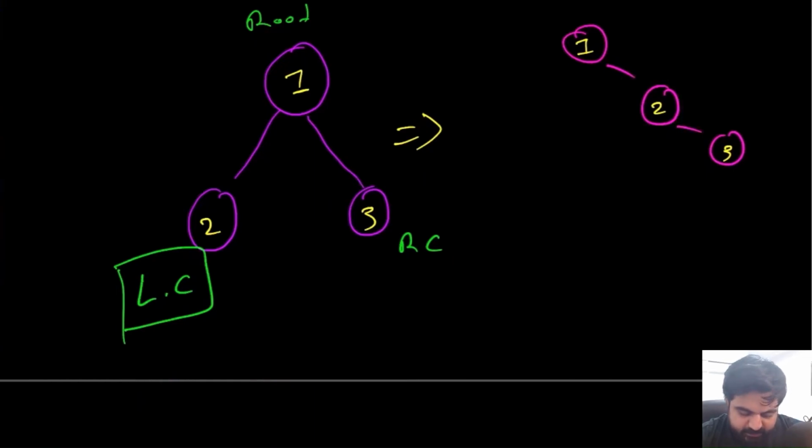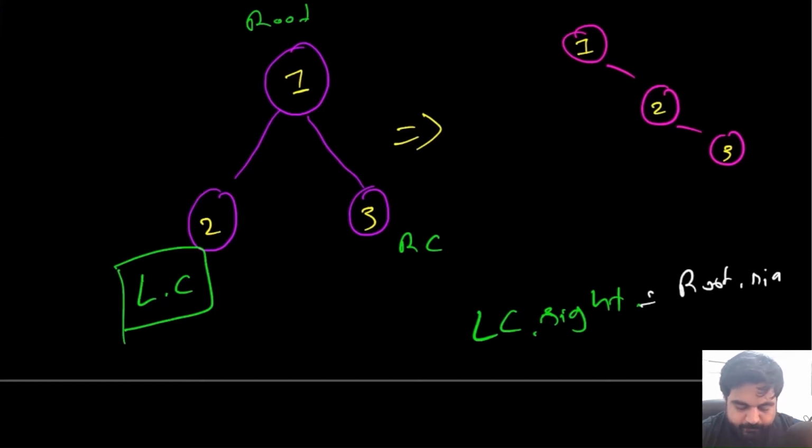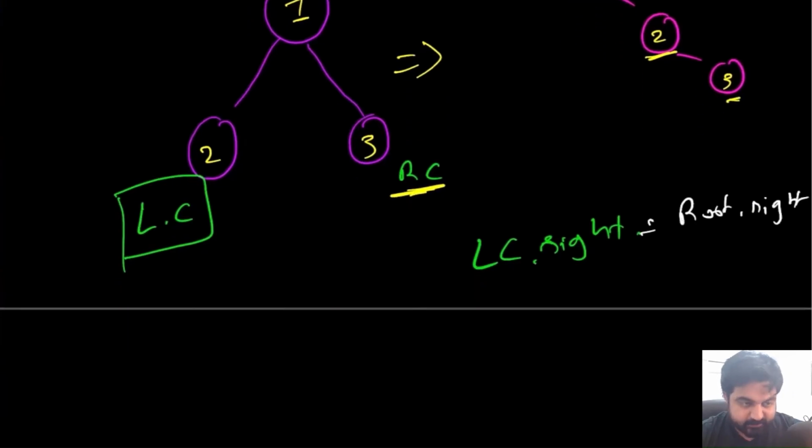So for the existing left child, we set left child dot right, the right child of this original left child, which was originally null, to root dot right. We can see here that this root dot right is this right child, and we mark it over here. So this is one thing we did.